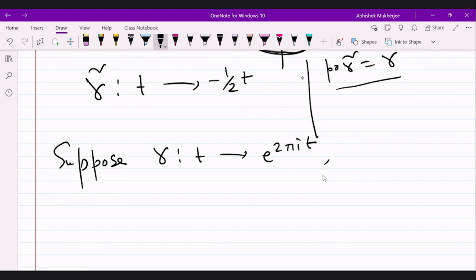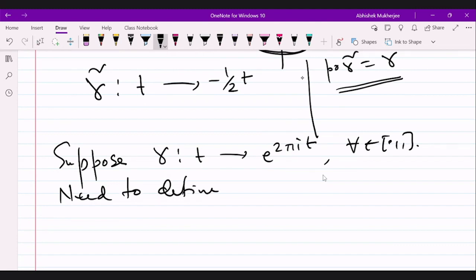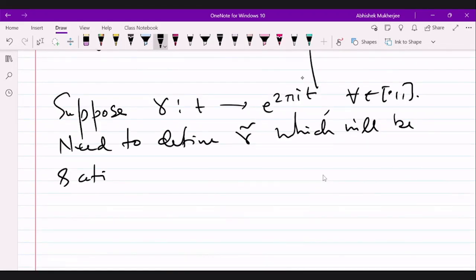I'm taking the whole circle for all t belongs to [0, 1]. So you need to have some gamma tilde satisfying this property. That means we need to define gamma tilde which satisfies p compose gamma tilde is gamma.